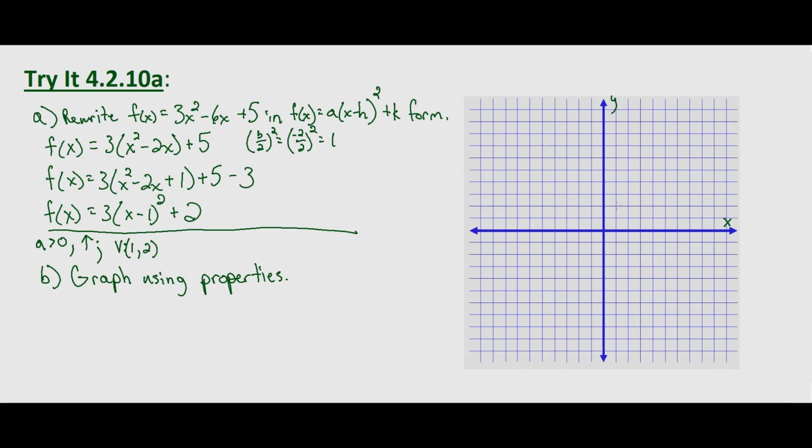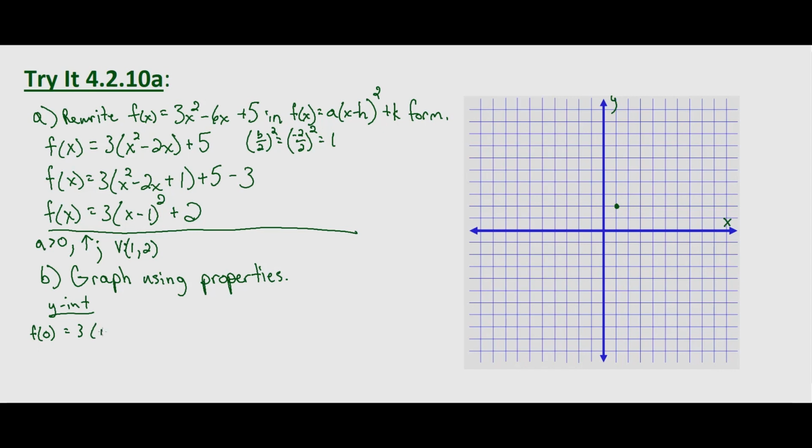So let's go ahead and graph that. 1, 2. And we know our axis of symmetry is at x equals 1. So let's go ahead and find the y-intercept. That's when x equals 0. So f of 0, we'll go ahead and use the vertex form, equals 3 times 0 minus 1 is negative 1.